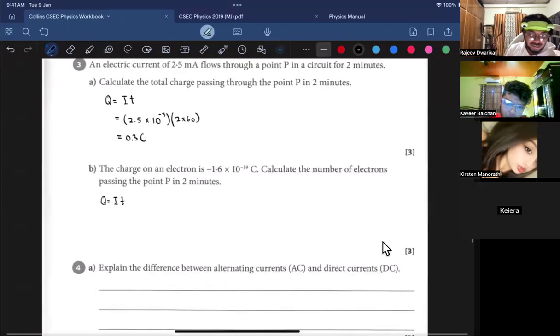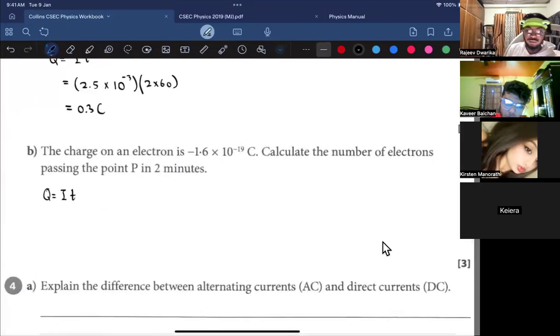So I want you to assess what we have. They gave you a charge. Where's the charge? Q is negative 1.6 by 10 to the power minus 19. What is current? They didn't give you a current, because that's what you have to find.